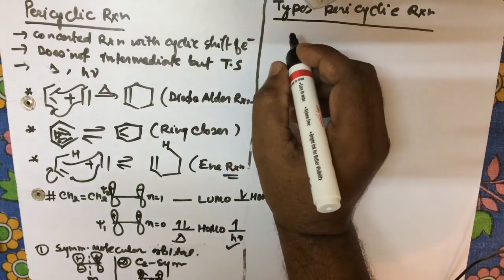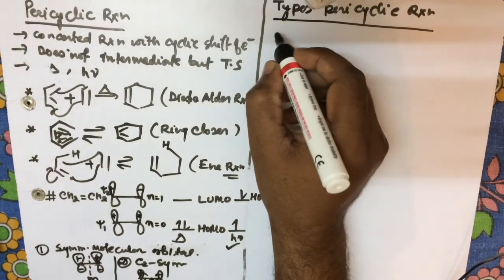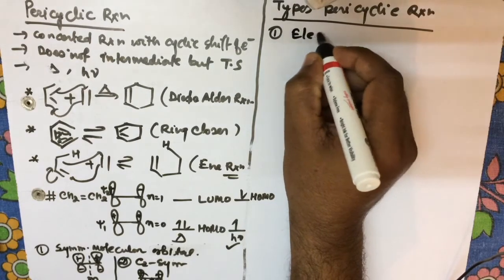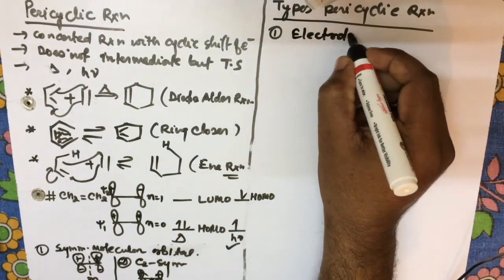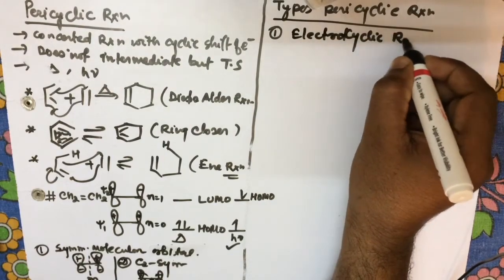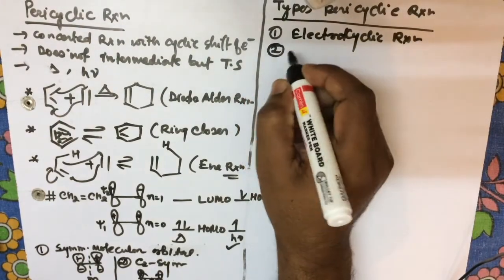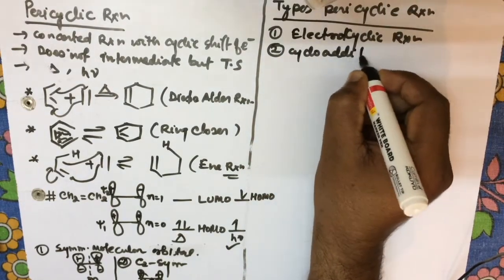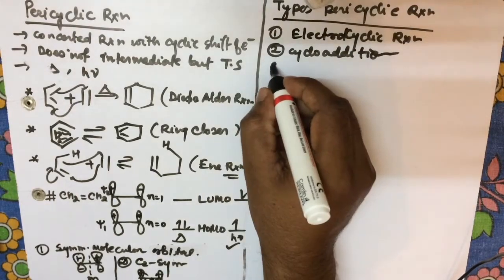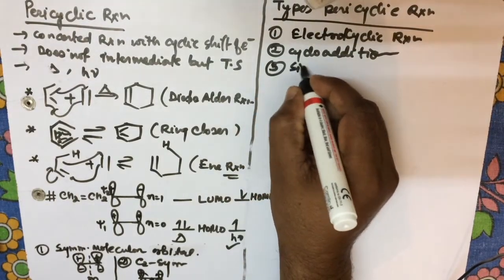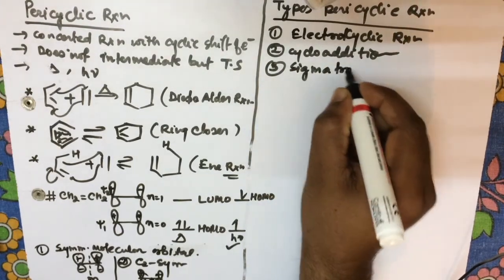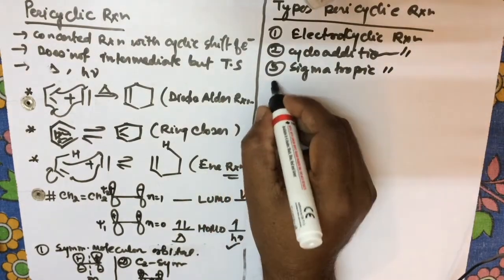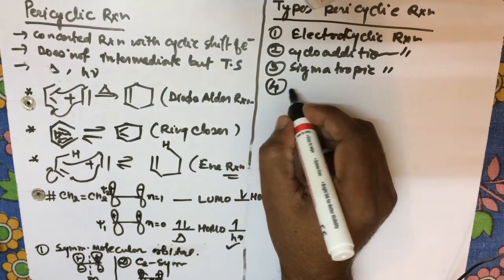So there are basically 4 types. One is electrocyclic reaction, second is cycloaddition reaction, third is sigmatropic reaction, fourth is group transfer.